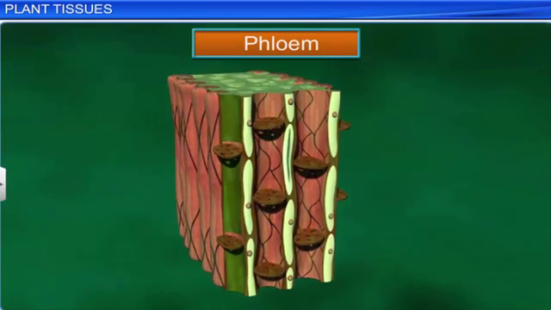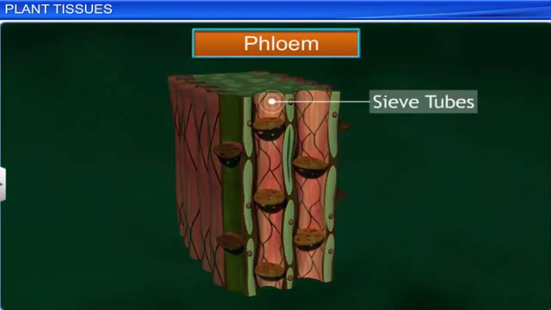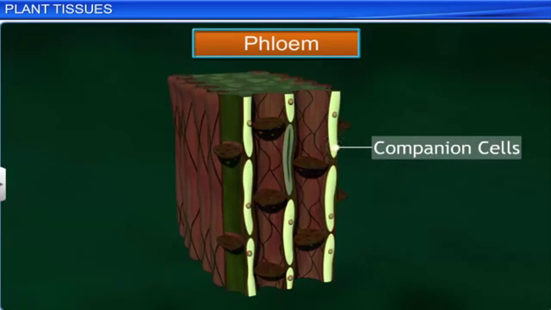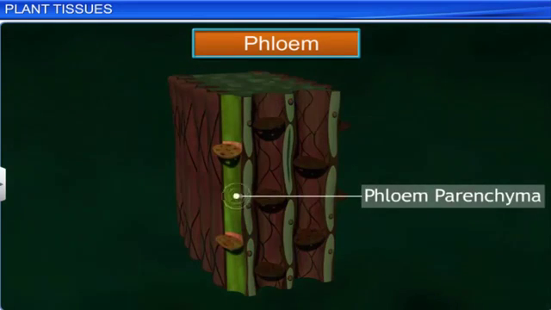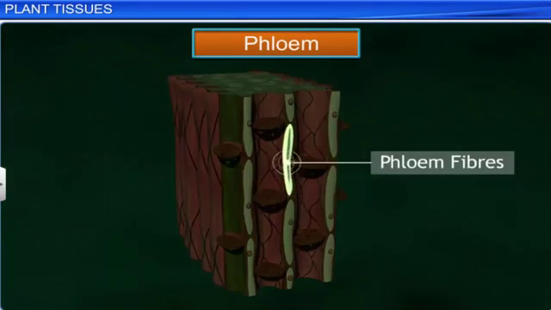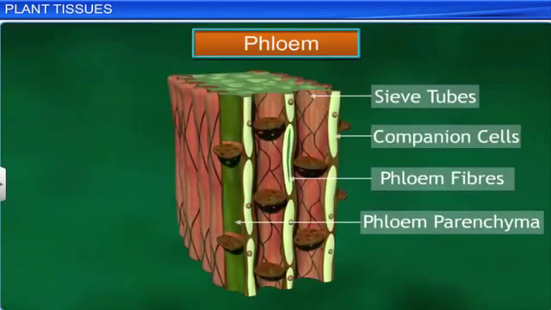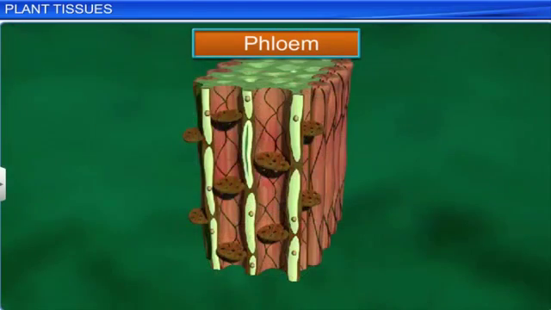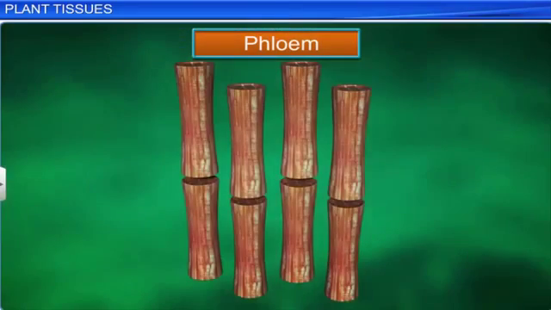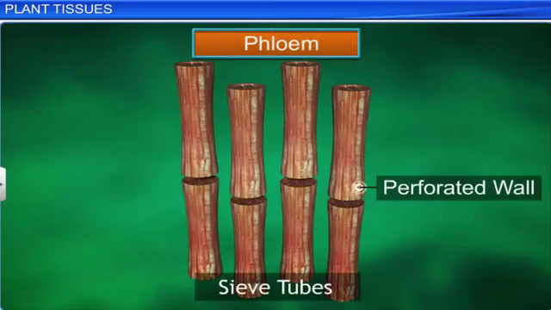Let's now look at the different elements of phloem. Sieve tubes, companion cells, phloem parenchyma, and phloem fibers. Sieve tubes are elongated living cells with perforated walls.